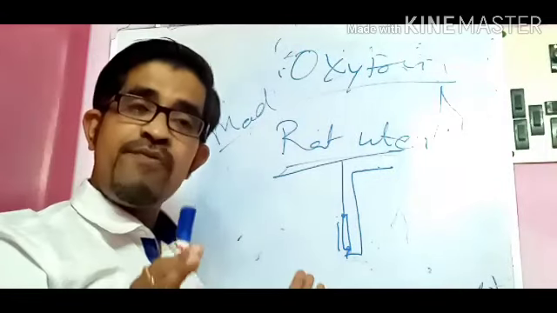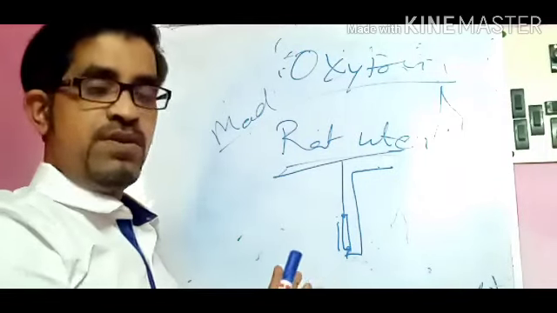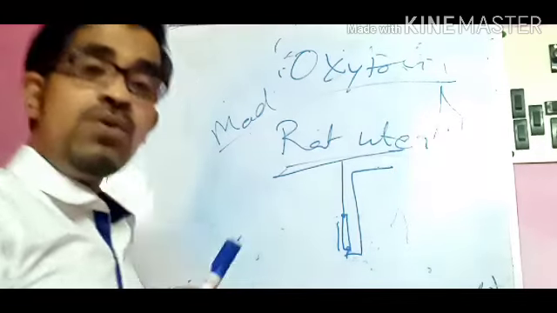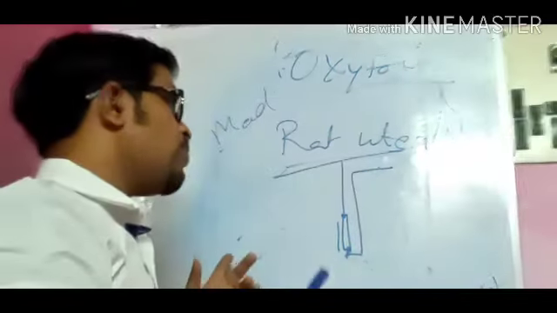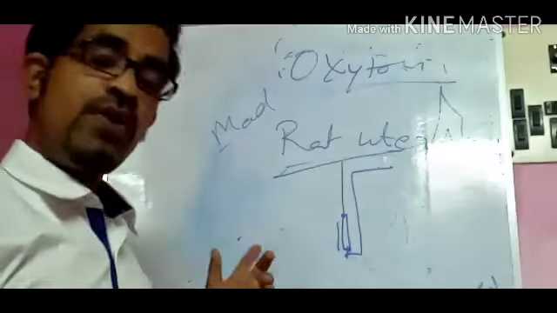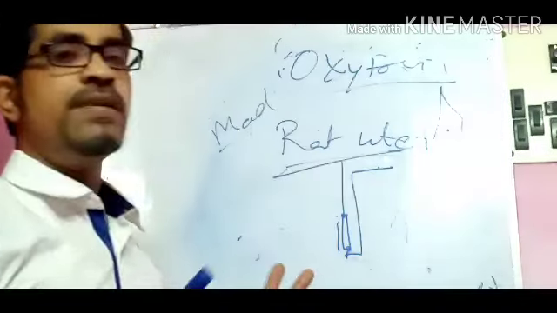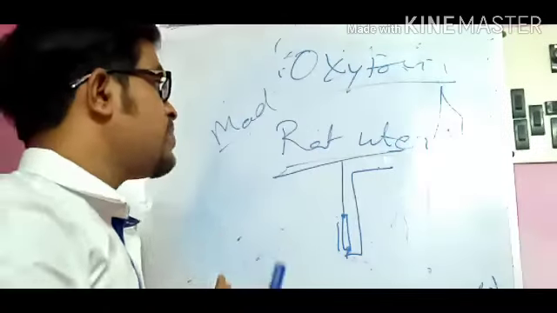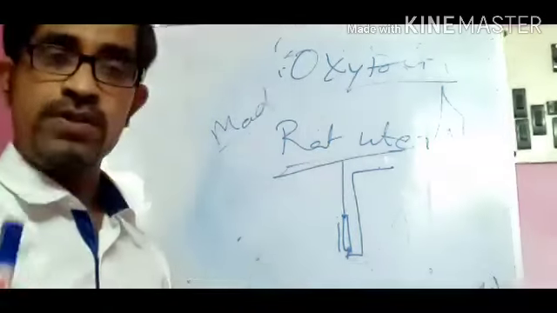So this is a very easy method, and we have already done it in the practical. Remember that you can go for the interpolation method or the 3-point bioassay method, whatever it may be, but ultimately we have to find out the concentration of oxytocin.